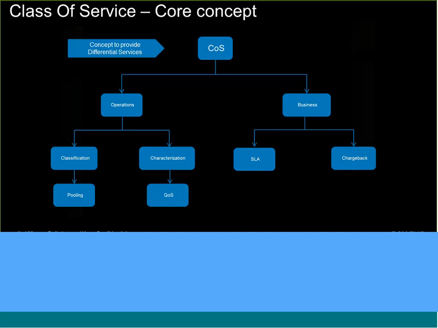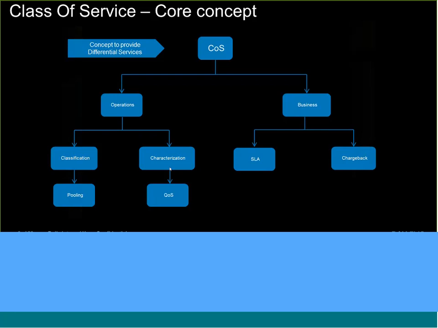But at the other part, which I call the operation part, the class of service should map to two major characteristics. One is called classification, another is called characterization. So classification is something similar to creating a pool of resources.